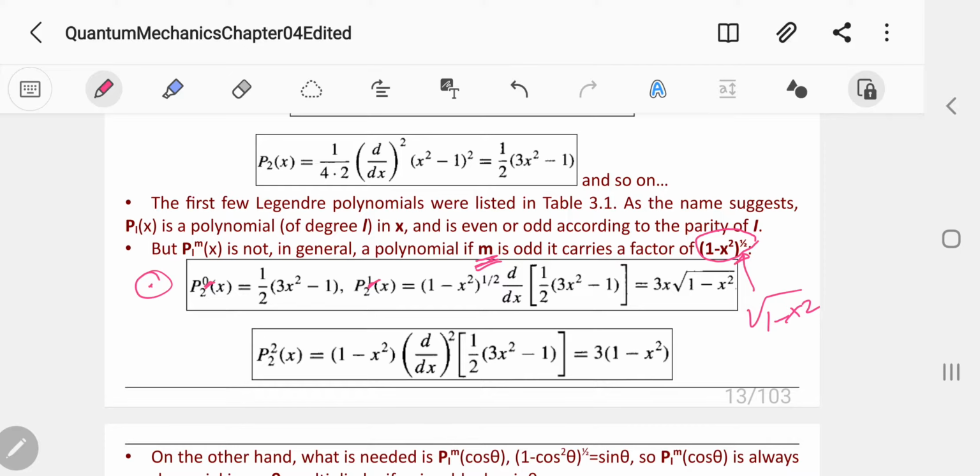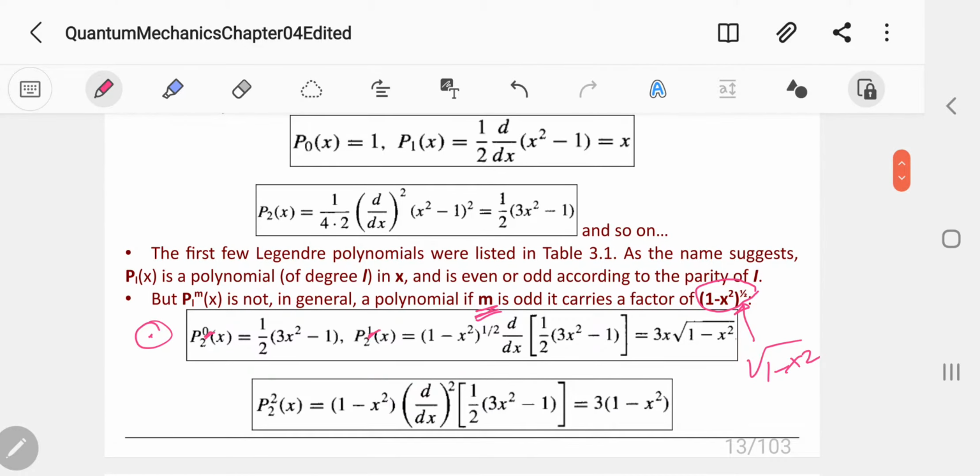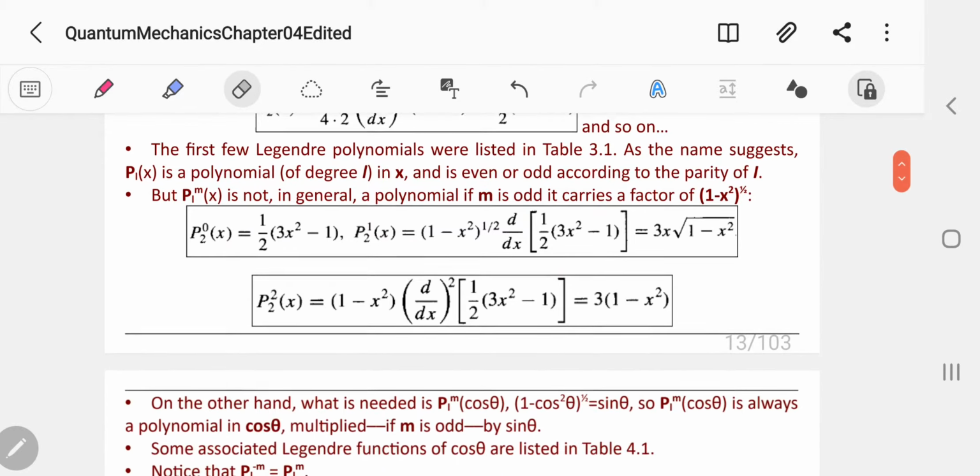So if it's not odd, it doesn't contain any square root.